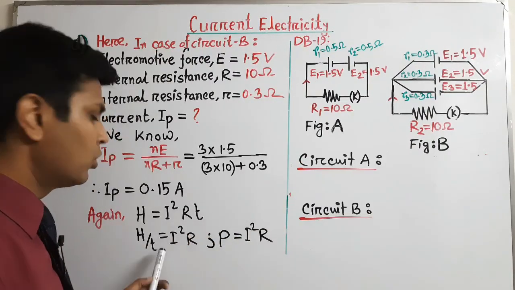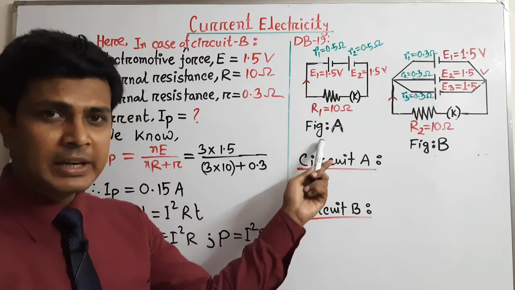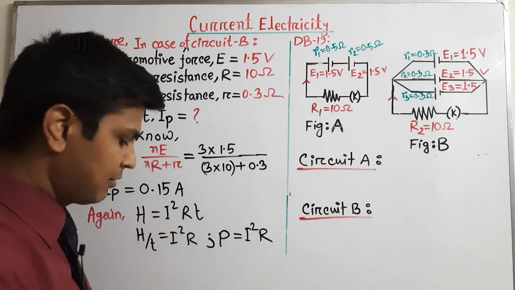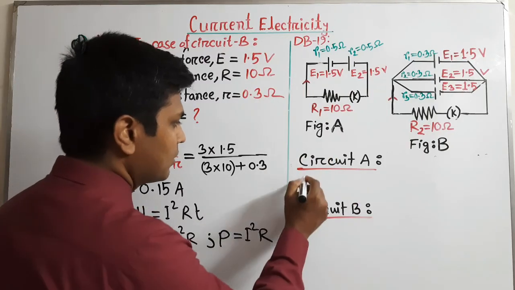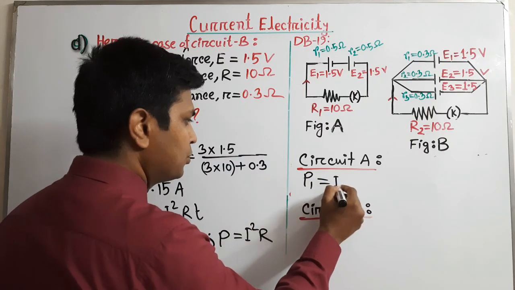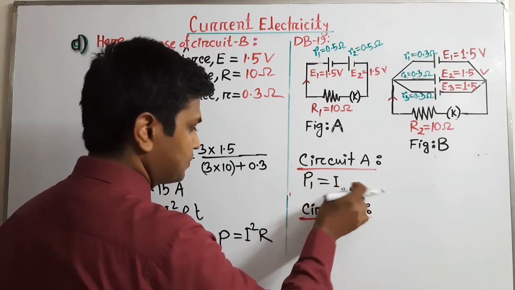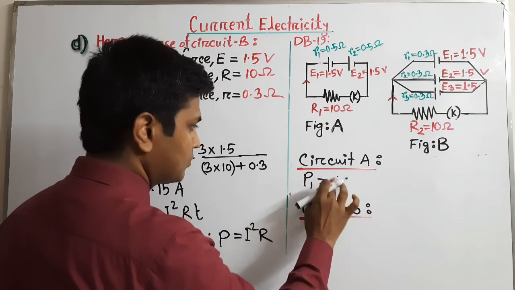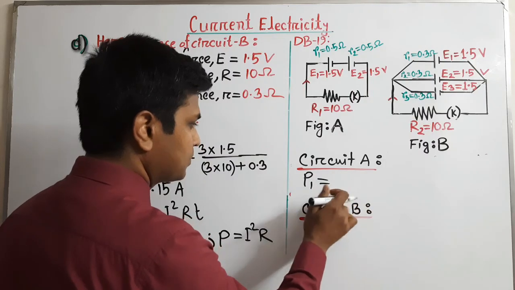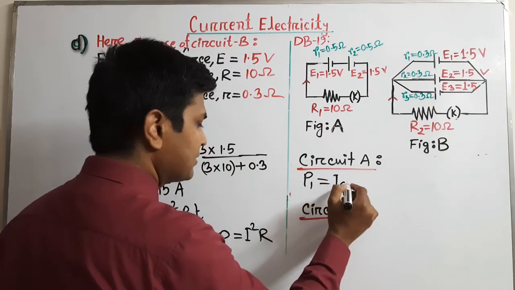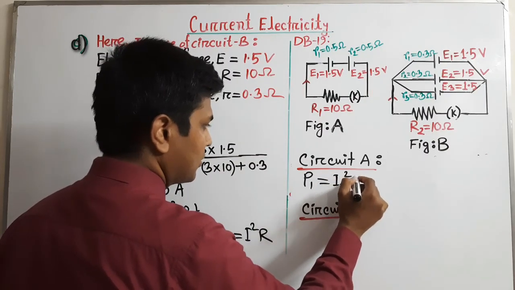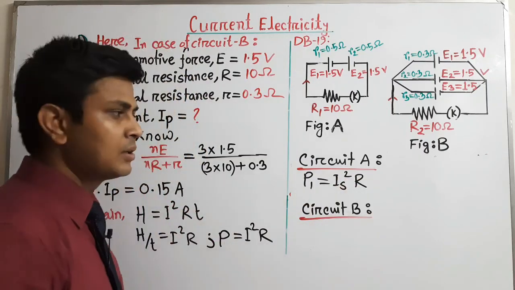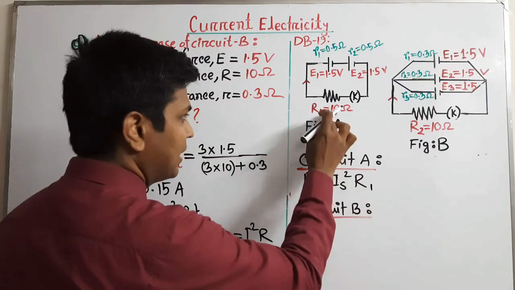Let's apply the formula of power for circuit A and circuit B. For circuit A, the formula of power will be P1 equals to Is square into R, and this R is here R1.